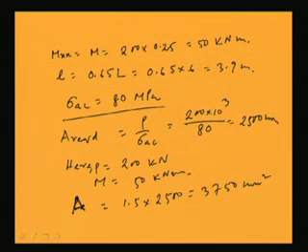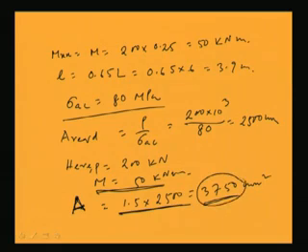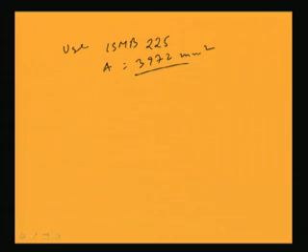I have increased the area by 50% due to the presence of moment, and so the required area is becoming 3750 millimeter square, and accordingly we can use ISMB 225 where the area is 3972 millimeter square and we need area 3750 millimeter square. So, the section has been chosen as ISMB 225.